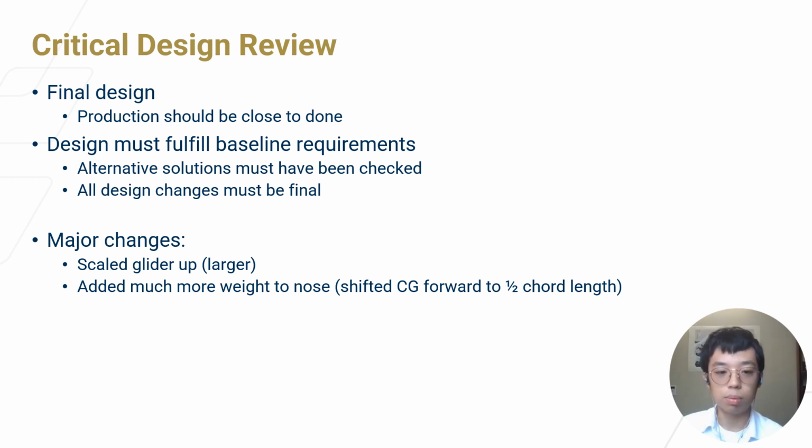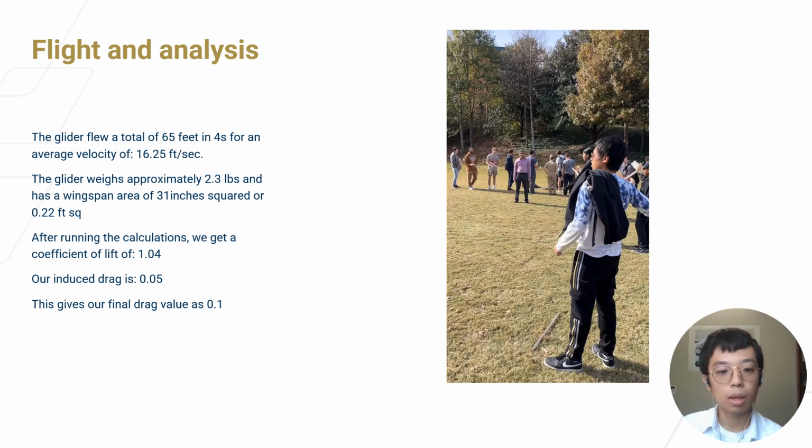The most major changes that I made were that I scaled the glider up to make it larger, and then I added more weight to the nose in order to shift the center of gravity forward to the half chord length, because previously the center of gravity was somewhere closer to the back quarter of the chord, which was not ideal.